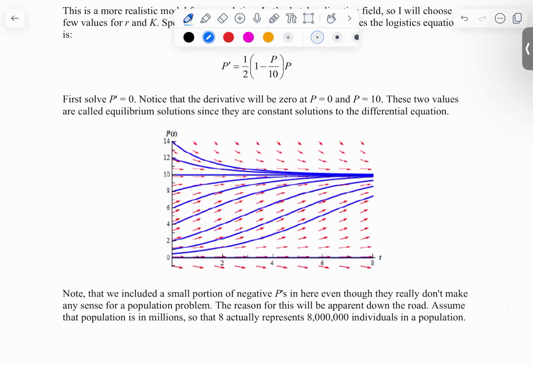here. So here, both curves, whether it's above or below, are moving towards it. So our solution, the curve P equals 10, is asymptotically stable.